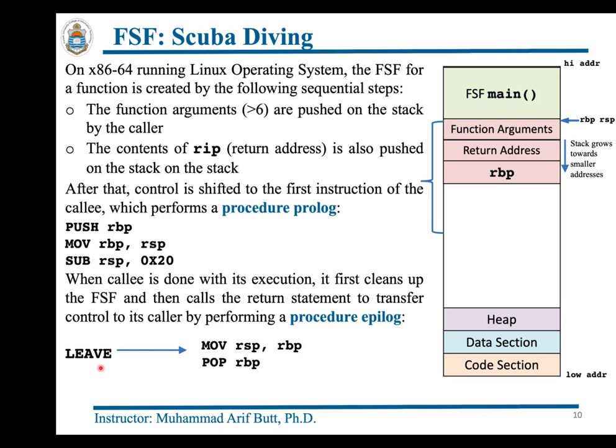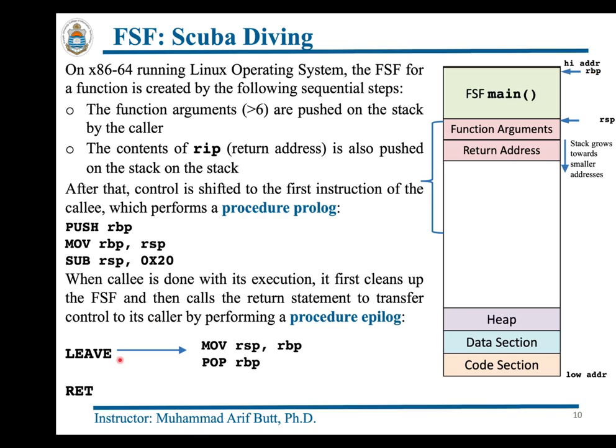Another instruction associated with the leave instruction is pop RBP. Now we have push RBP over here and we have pop RBP over here. So this RBP will be removed from the stack and placed inside the RBP register, which will move back over here. And this is shown like this. So now the function stack frame of the main function is being pointed to by the base pointer as well as the RSP.